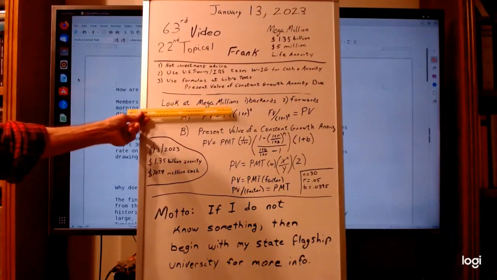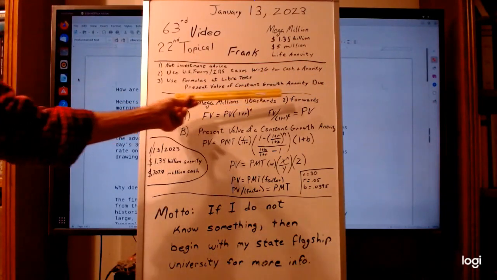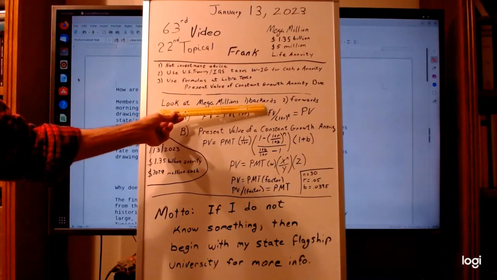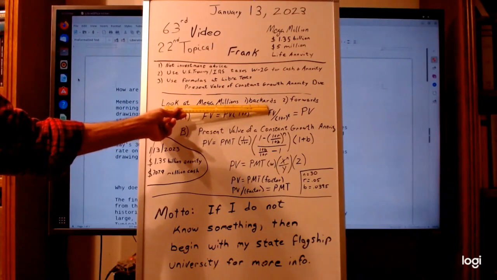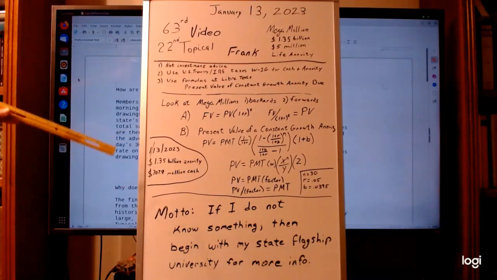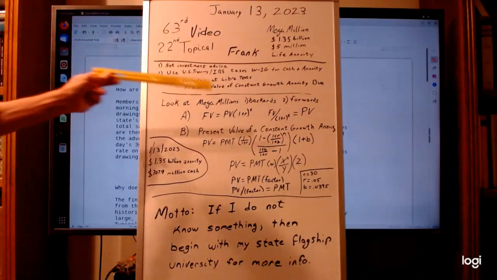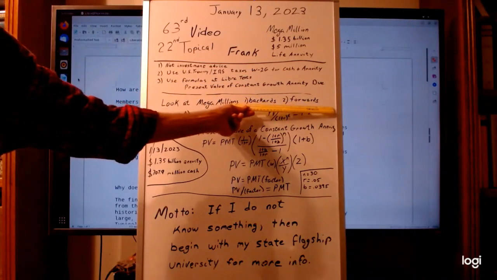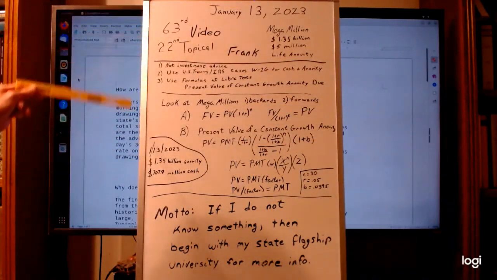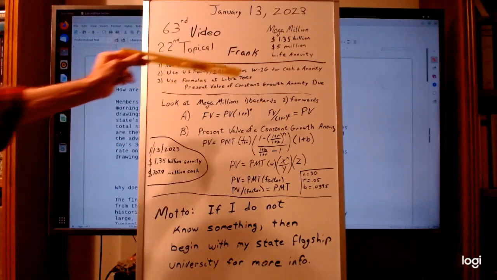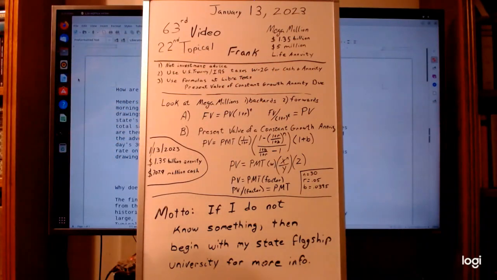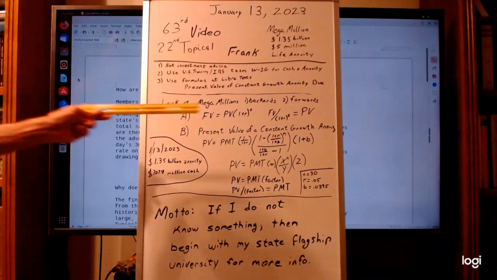And let's look at the Mega Millions going backwards and forwards. It's easier to see it when we calculate the annuity going backwards to the cash value, but let's also calculate it going forwards, from the cash value to the annuity, because that's the way the lottery calculates it.